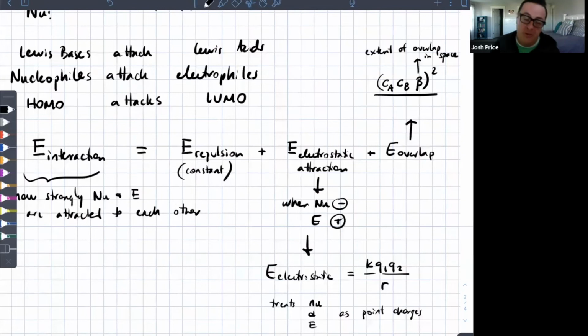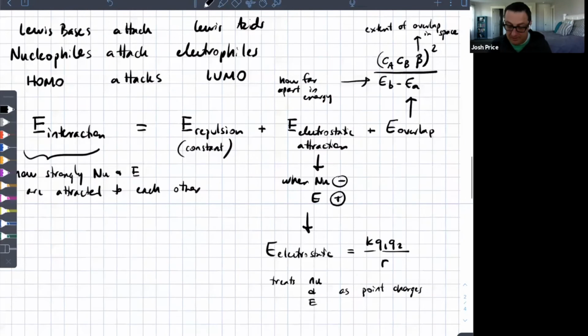An example of that principle, as we've talked before, is that end-on-end overlap in a sigma bonding case is more stabilizing than side-by-side overlap in a pi bonding case. And then in the denominator, you have the difference in energy between the two orbitals. So how far apart in energy the two orbitals are, okay?